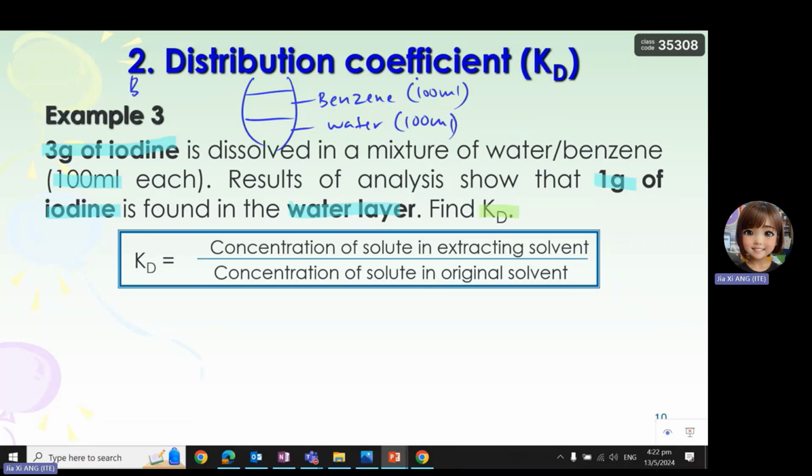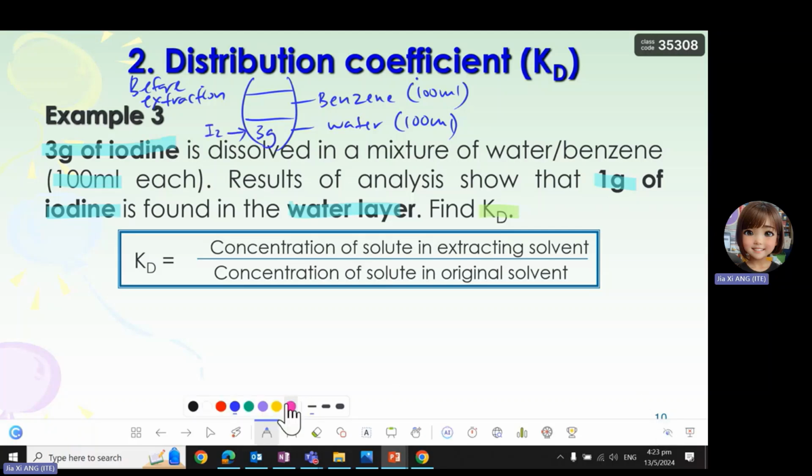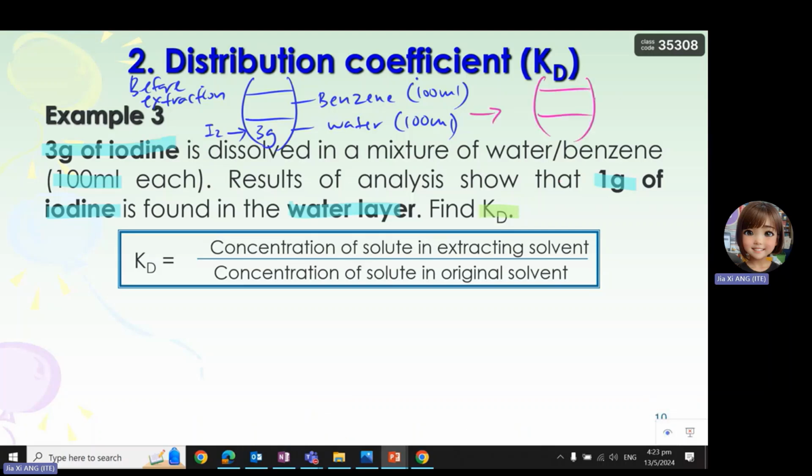So this is before extraction. Before extraction, that means you haven't shaken, meaning 3 grams of iodine is found in the water layer. So after extraction, that means you shake the separatory funnel. What happened is the top layer should still be your benzene, okay, because of density, and the bottom layer should be your water.